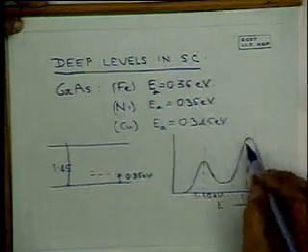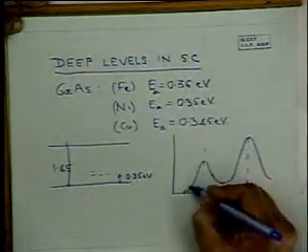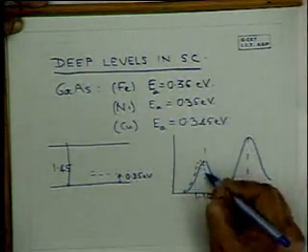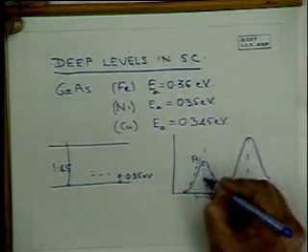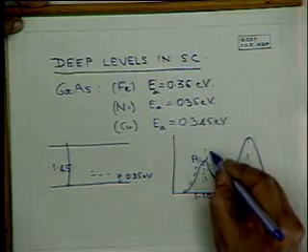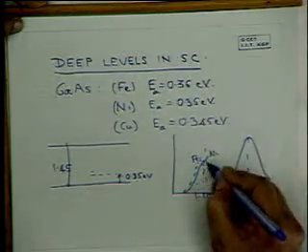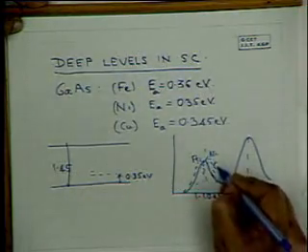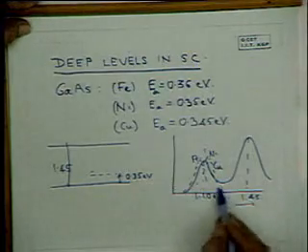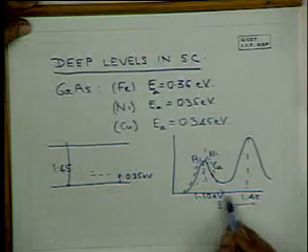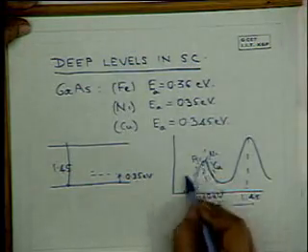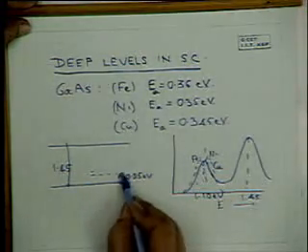Iron, this could be nickel, and this could be cobalt. So one gets a band of energies quite separate from the band-to-band recombination at much lower energies due to these deeper levels.